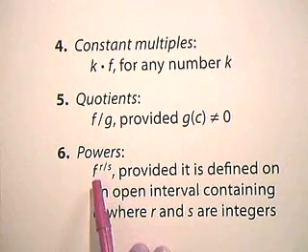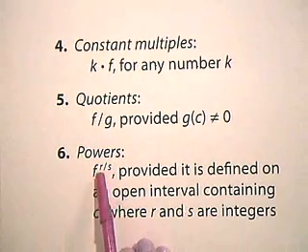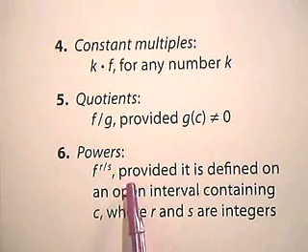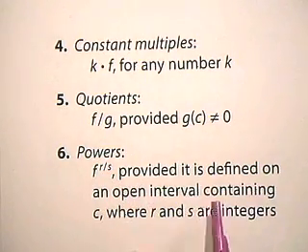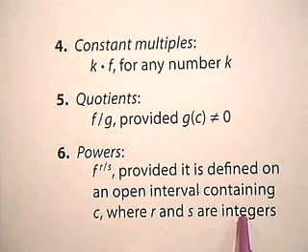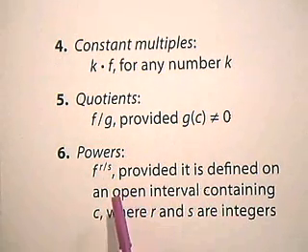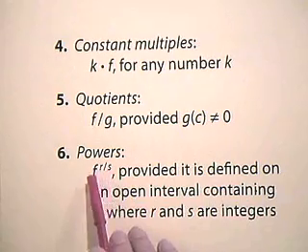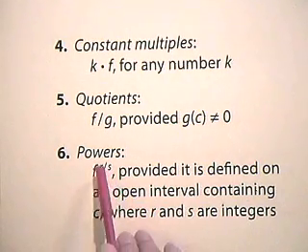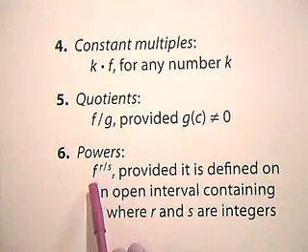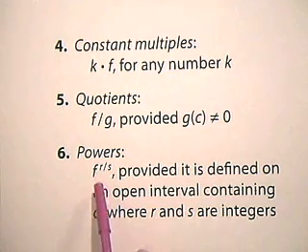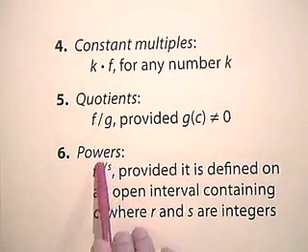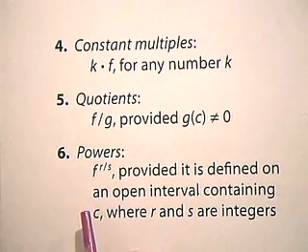How about for powers? The power f to the r over s is continuous at x equals c, provided it is defined on an open interval containing c, where r and s are integers. Well, that's just where the function is defined for the case where f itself is non-negative, and in the case where f is negative, of course, it'll be defined for certain odd powers.